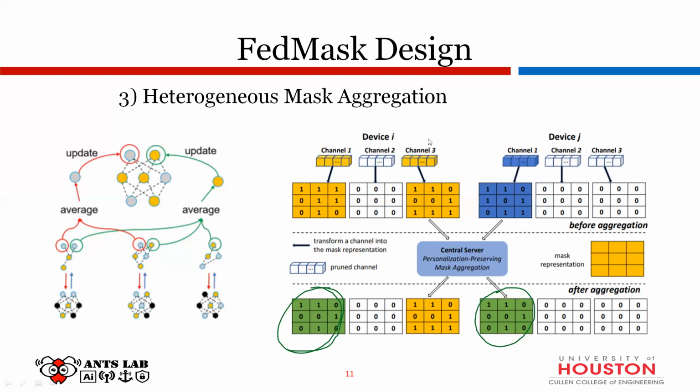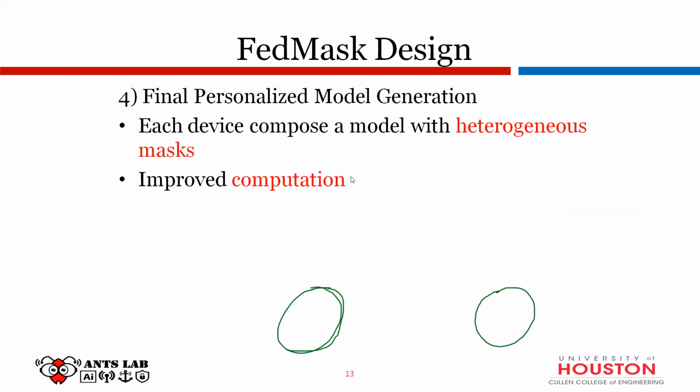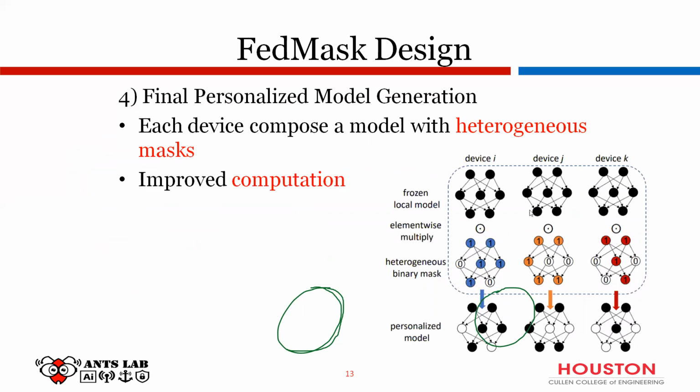Okay, so after the aggregation, the process will continue, and after a certain amount, they would do the final personalized model generation. Based on this picture, you can see that each model is given a different personalized model, and what they did, as we just showed here, is that they have the same frozen local model.